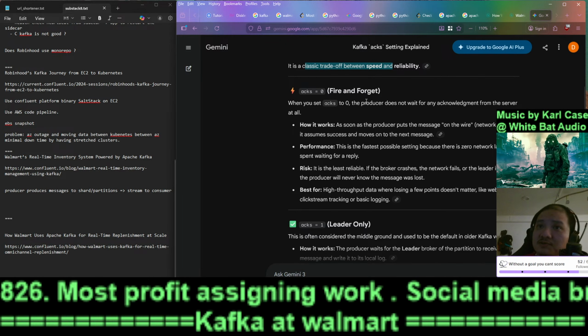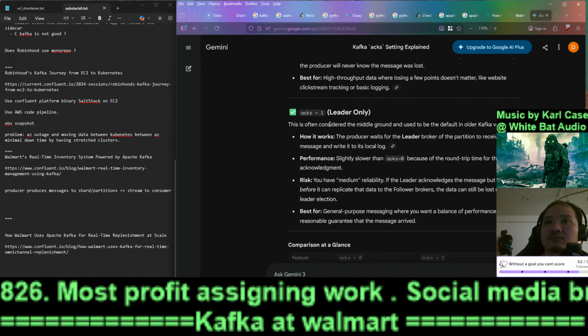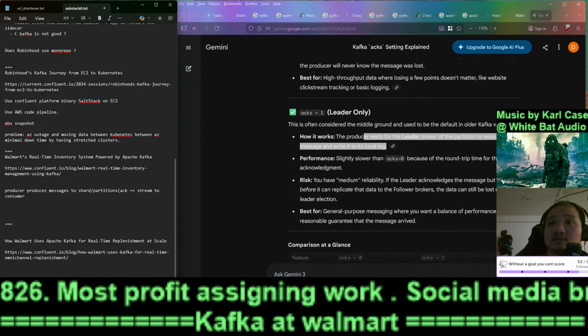When you set acks to 0, the producer does not wait for an acknowledgment from the server at all. So I guess acks equal 1. Okay, so basically the leader accepts, and then it will replicate later, I guess. So this probably has a risk of losing data, right?